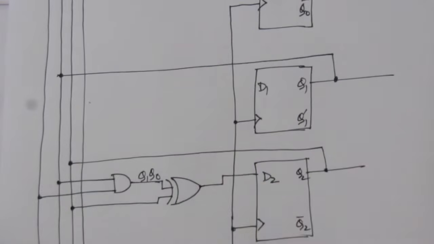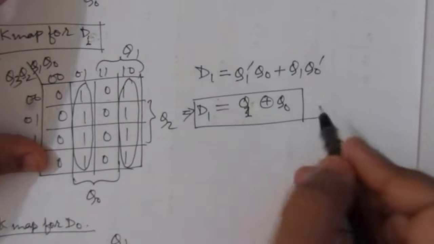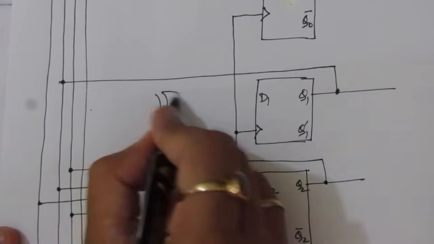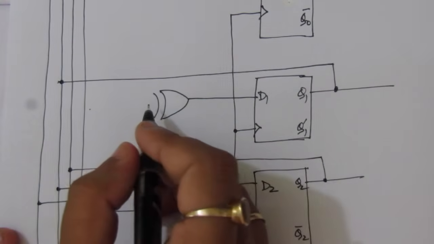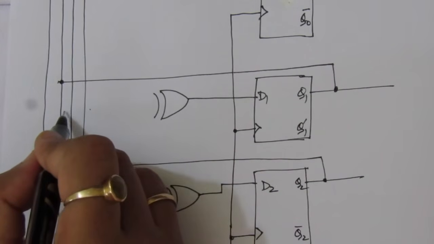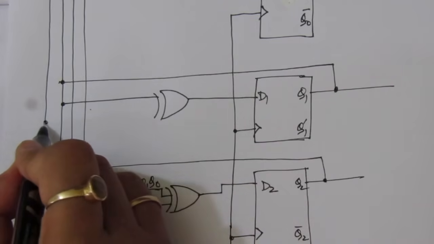Now let us find D1. For D1 we have Q1 XOR Q0, so use only one XOR gate here. The inputs will be Q1 and Q0. This second line is Q1, and this first line is Q0.